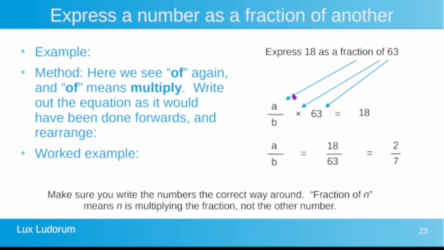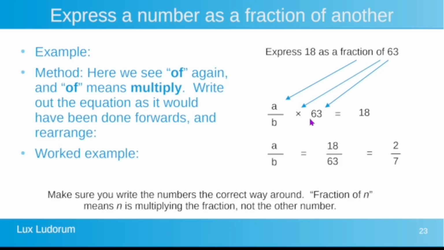So here's our fraction, A over B, that's some fraction, that's what we've got to find. And then here's our of, that's the multiply sign there, and then 63. So we know that a fraction times 63 gives us 18. And so the worked example, we know A over B times 63 is 18.